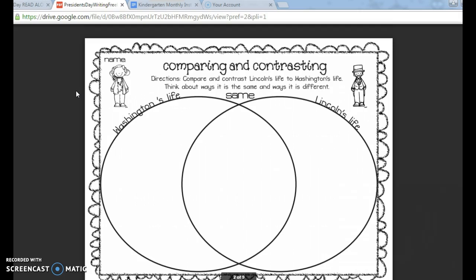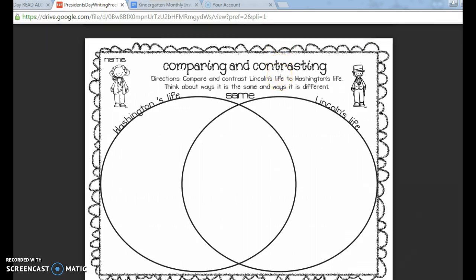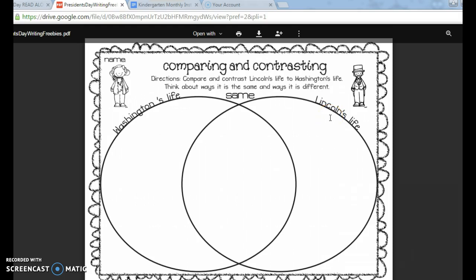So this first activity is comparing and contrasting. When we compare things, we are talking about how they are similar or alike or the same. And when we are contrasting, we are talking about how things are different. So the Venn diagram is going to be comparing and contrasting George Washington's life to Abraham Lincoln's life.